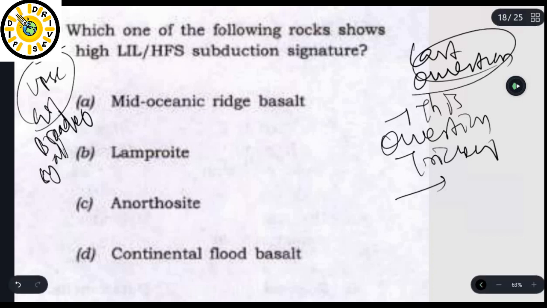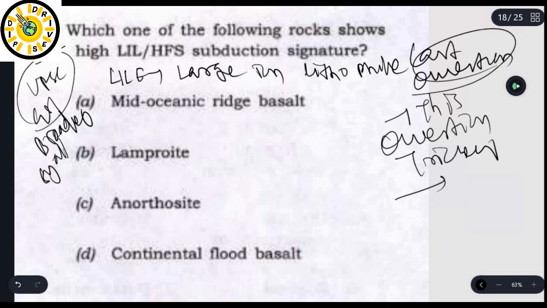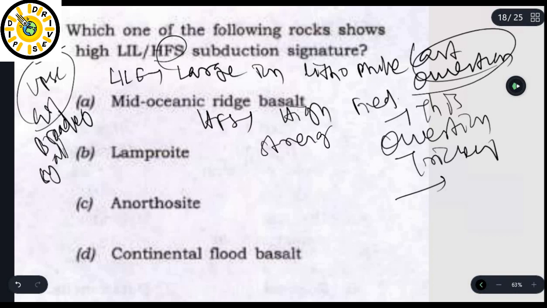So which one of the following rocks shows the high LILE? So this is large ion lithophile element, and HFSE, the high field strength element.